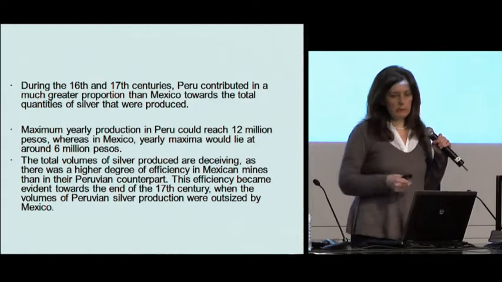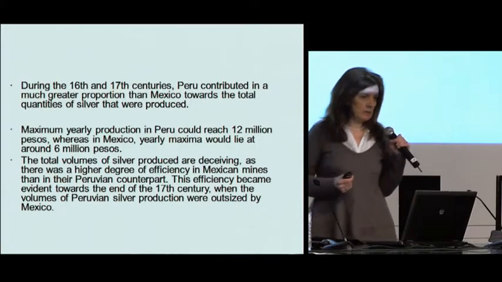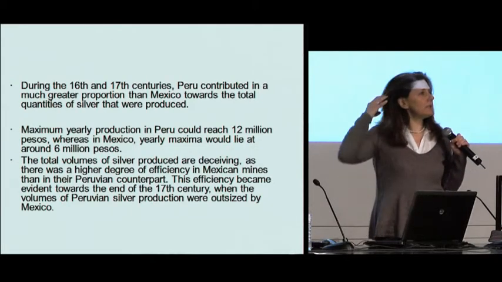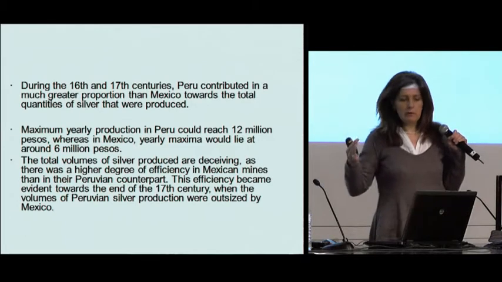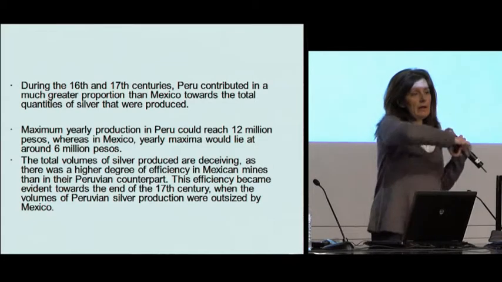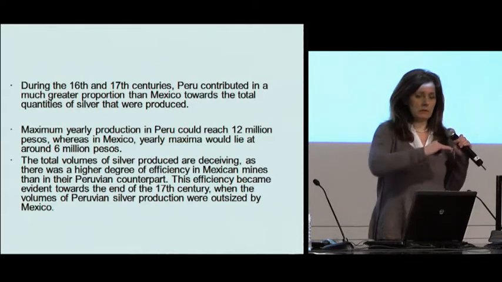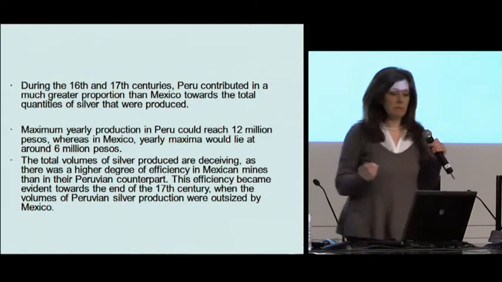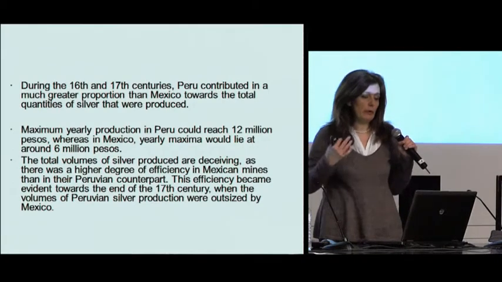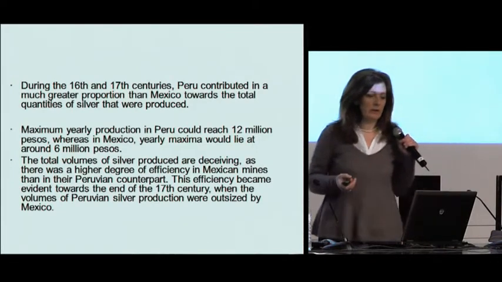Peru's maxima could reach about 12 million pesos, yeah, 272 maravedis, and the production maxima in the Mexican production would be at around 6 million throughout the 16th and 17th century. It's only after the 18th century that the trend of the Mexican production increased steadily, and basically overtook Peru in terms of overall production.